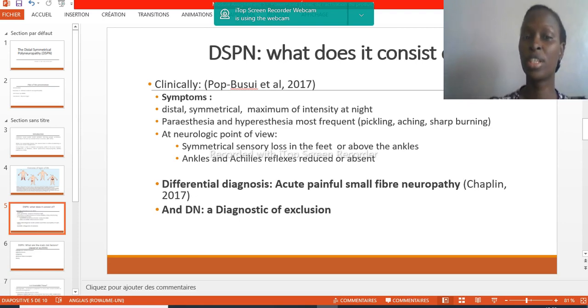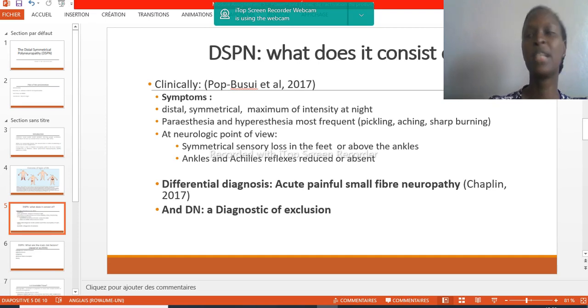From a neurologic point of view, there will be a symmetrical sensory loss in the feet or above the ankles, and the ankle reflexes will be either reduced or absent.